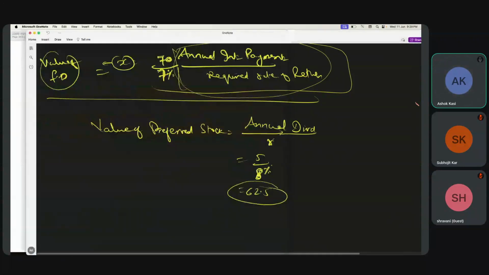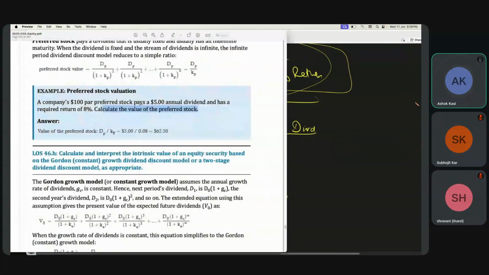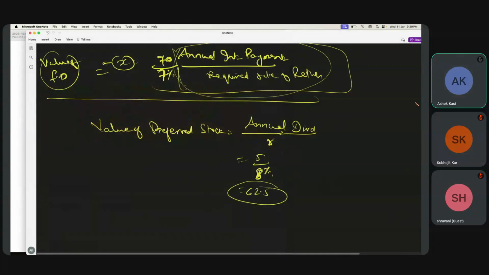Now you might have doubts about this 5 rupees. How are we getting it, and what is this 100 for? The 5 rupees is the amount you receive, calculated based on 100, but we should divide only by the required return.